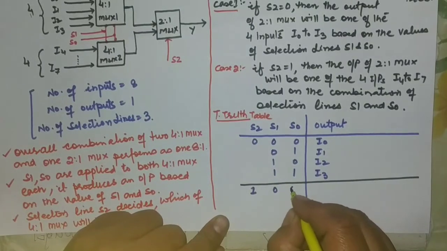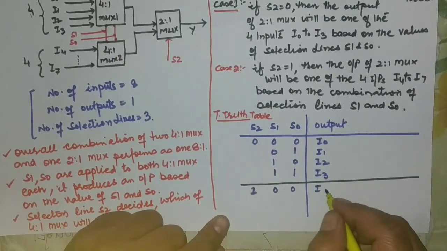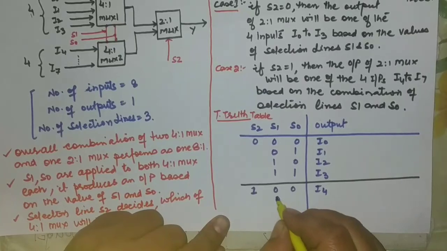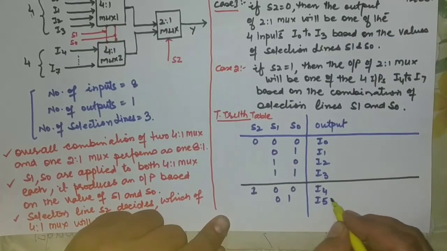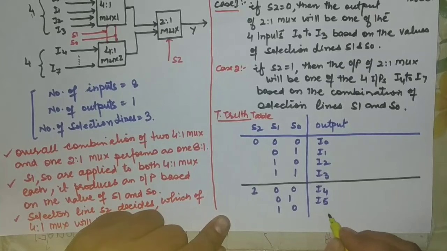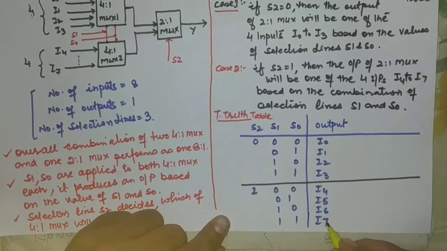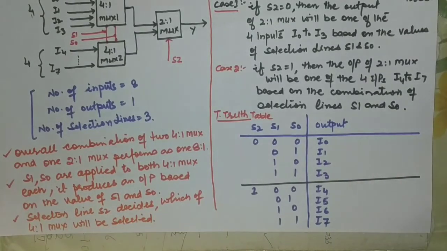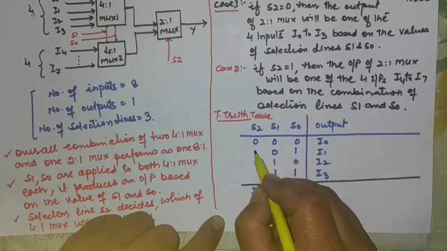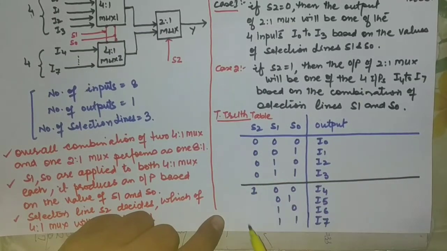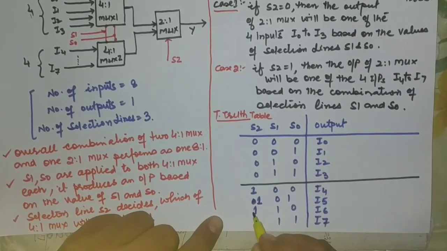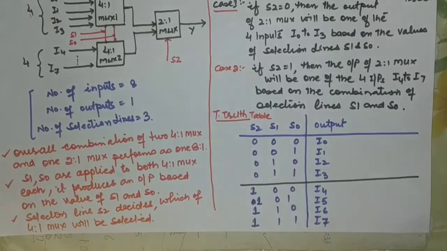Then again 0 0 means I4, 0 1 I5, 1 0 I6 and 1 1 I7. So for all these values, this will be 0 as S2, and this will always be equal to 1. So this is the truth table.